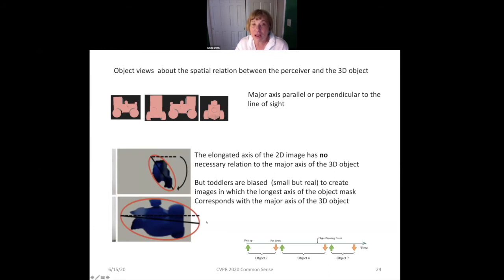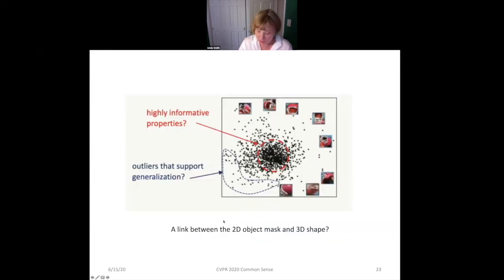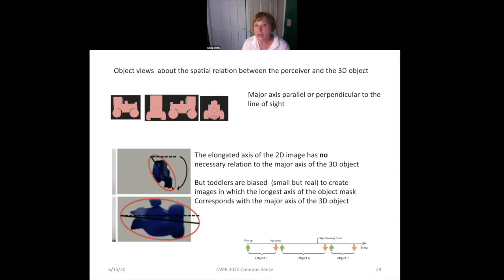that babies are actually biased to create images in which the longest axis in the image is close to the major axis of the object out in the world.